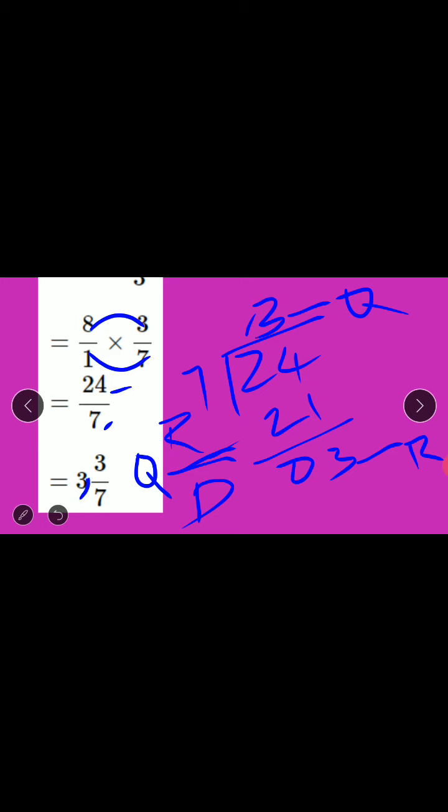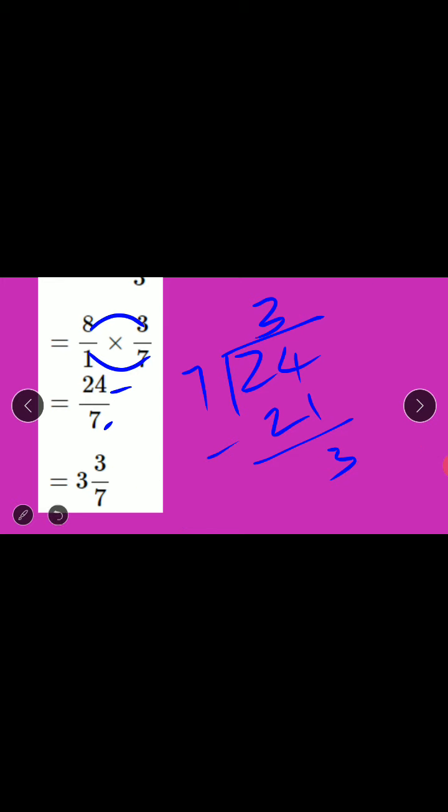So 3, see, whole number. Then the remainder 3 is brought here as numerator, and the same denominator, the divisor, you can copy. 3 and 3/7. So if you get the answer as improper, change into mixed form.